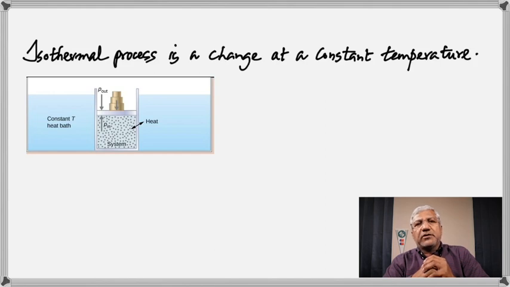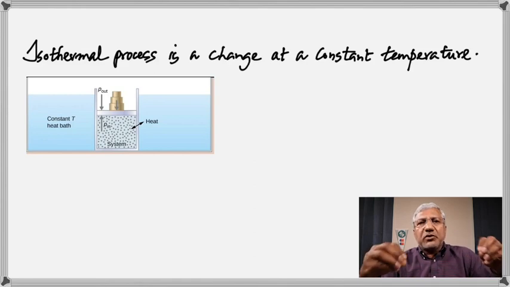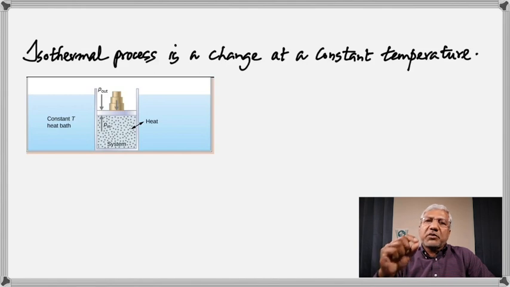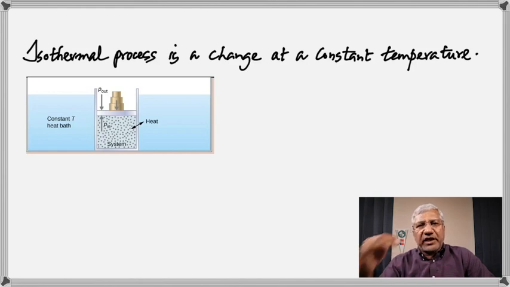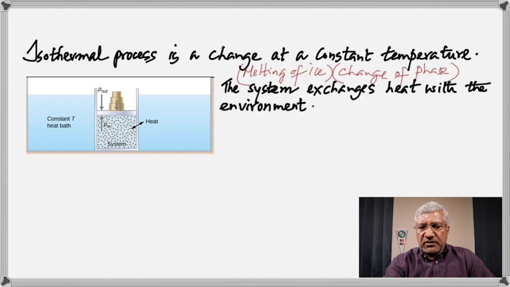I hope you understand. So when the gas expands, it's doing work, its internal energy was supposed to go down, or its temperature was supposed to go down. But that does not happen because the process is slow enough for heat to enter the system. That's why it's an isothermal process.